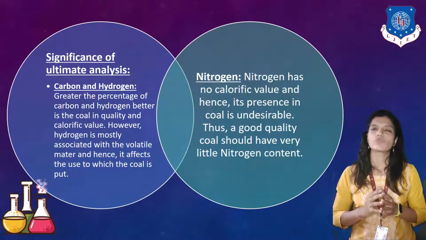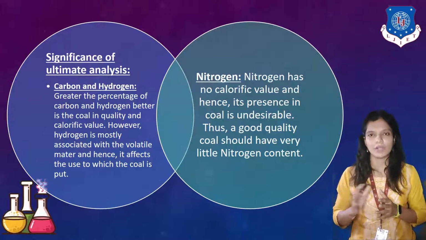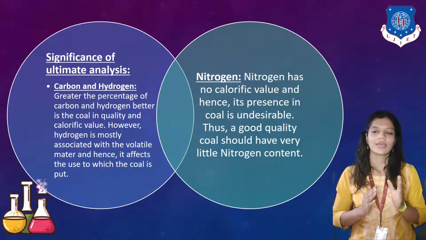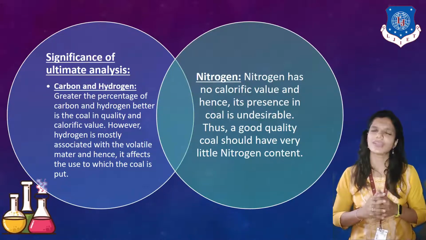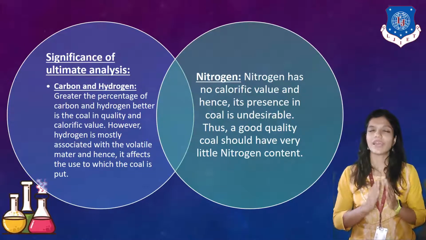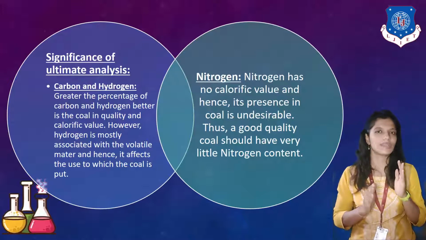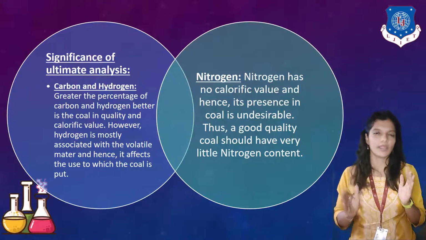Let's move ahead to the next one, which is nitrogen. Nitrogen has no calorific value, and hence its presence is undesirable. A good quality coal should have very little nitrogen content. So we have three different elements: number 1, carbon; number 2, hydrogen; number 3, nitrogen.